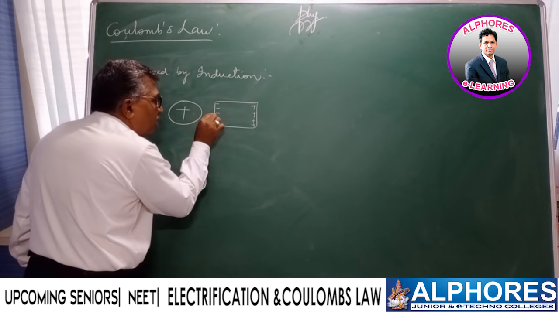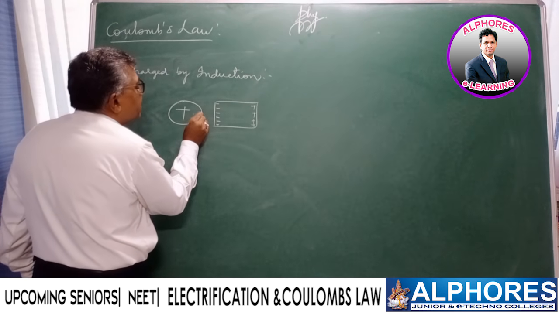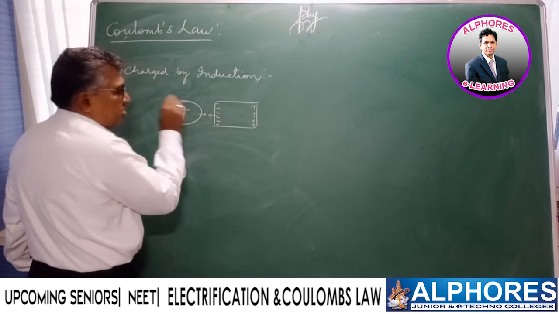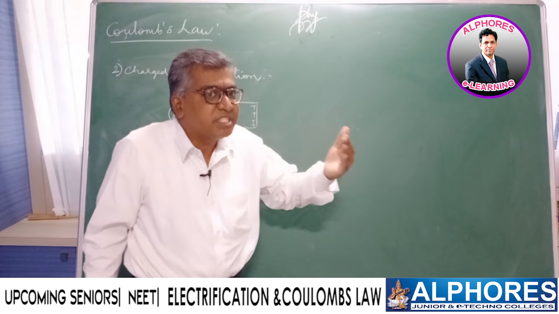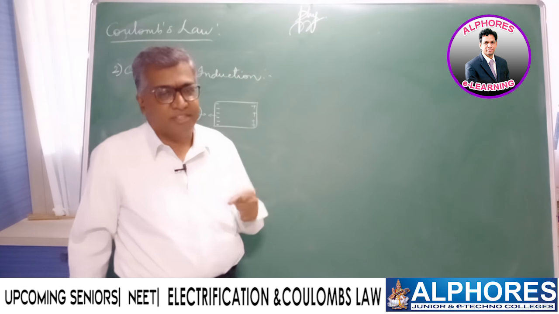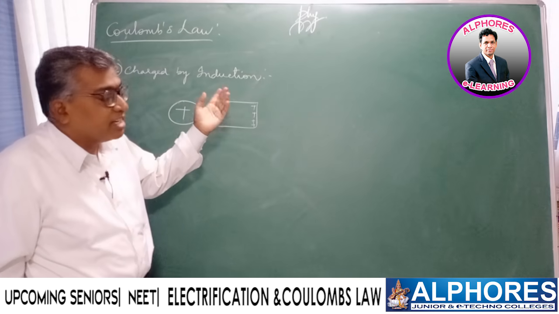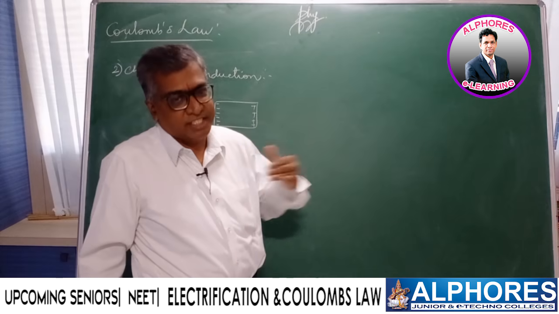Now these two unlike charges lead to attraction. So whenever charge is induced, opposite charge is induced. When opposite charge is induced, this leads to attraction. So induction leads to attraction, or induction precedes attraction.